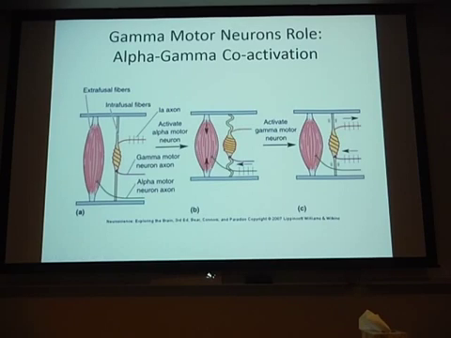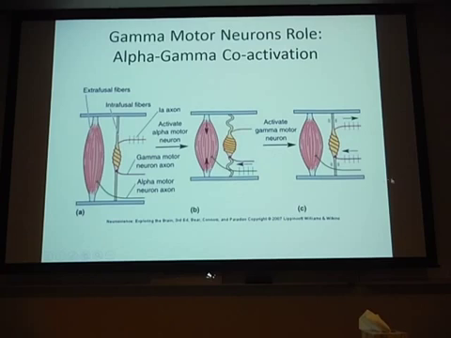Can you explain the difference between B and C again? Sure. So B doesn't really happen. But B is what would happen if we had activation of the alpha motor neuron without activation of the gamma motor neuron. So we would have that extrafusal muscle contraction, shortening the muscle, but without the gamma activation, these ends would become slack, and the 1A afferent would stop firing. Okay?